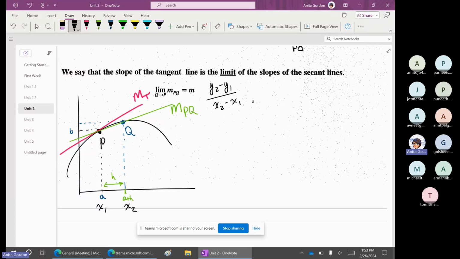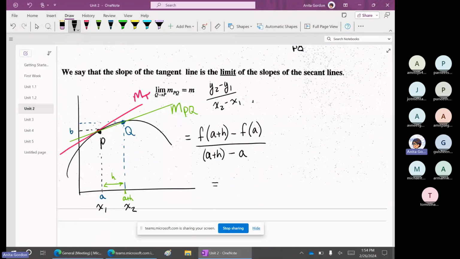So if I find the slope, this would be the function at a plus h, the extra distance, minus the function at the original distance. Those are my y values, right? And for my x's, my extra distance is a plus h. My original distance is a.